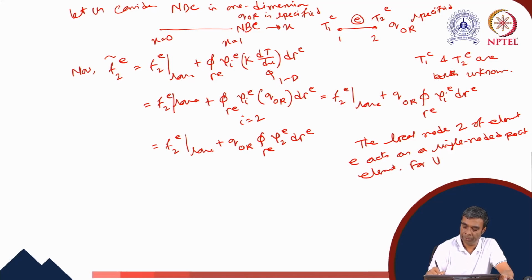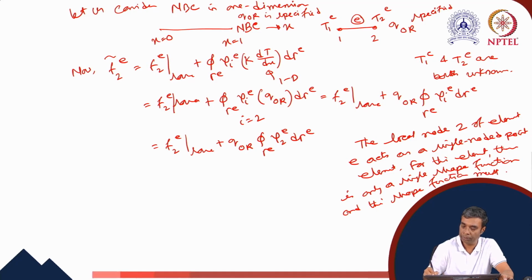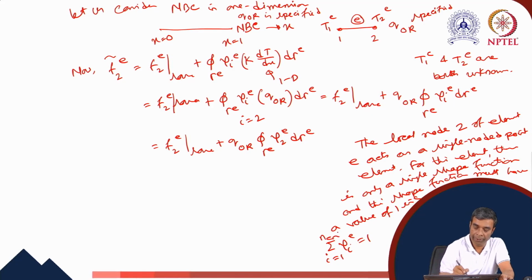For this element, there is only a single shape function, and this shape function must have a value of 1, since the summation of psi I equals 1, where I is varying from 1 to any n.